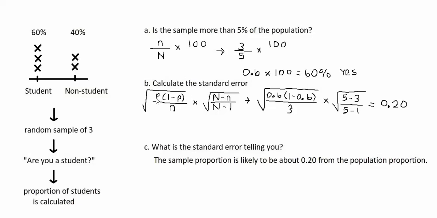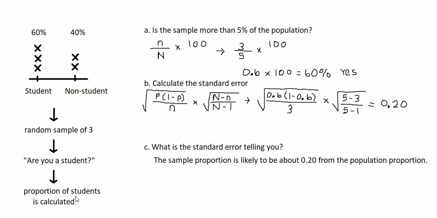So over here, P is population proportion. In this situation, the person is calculating the proportion of students within the sample. So what the person is trying to estimate is the proportion of students within the population.